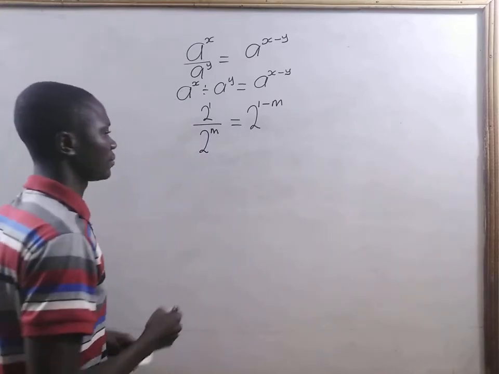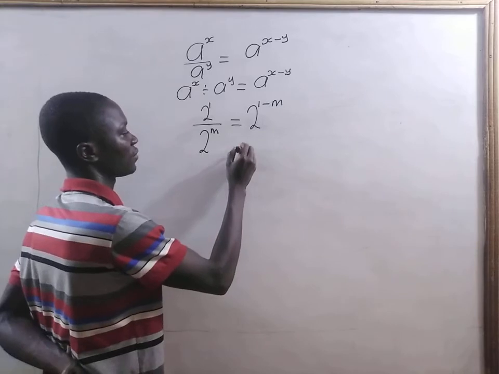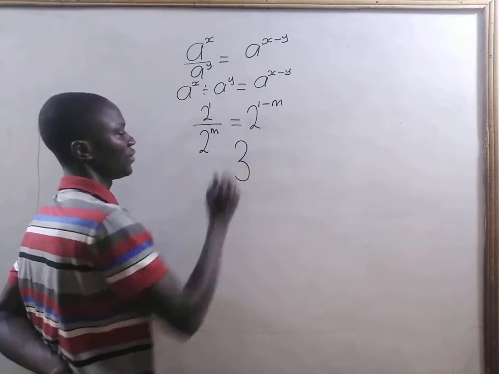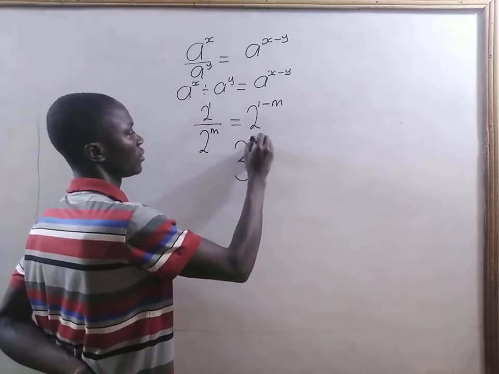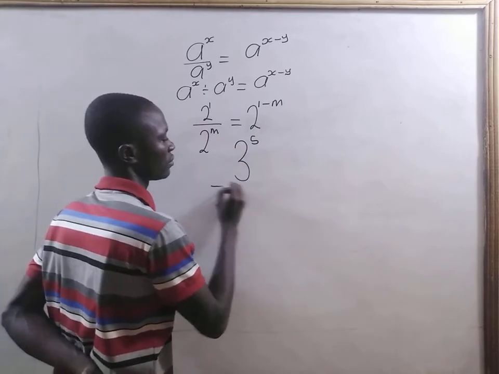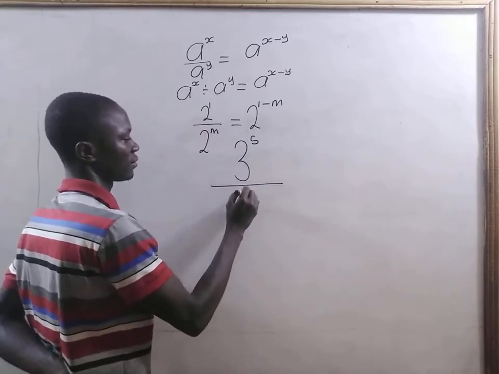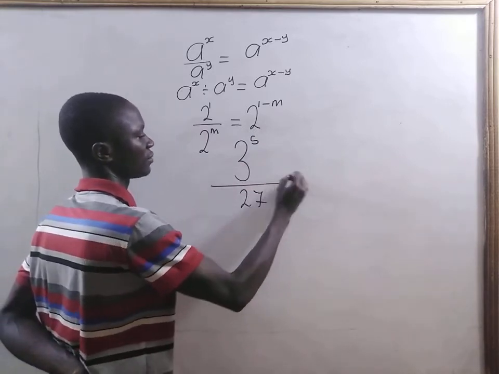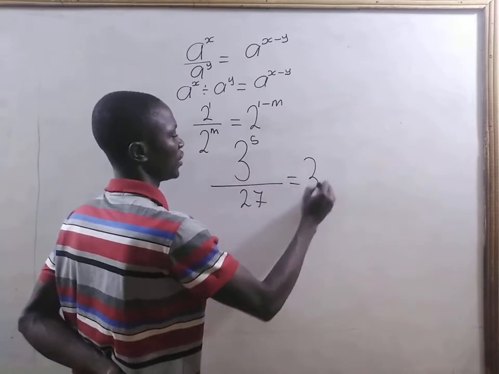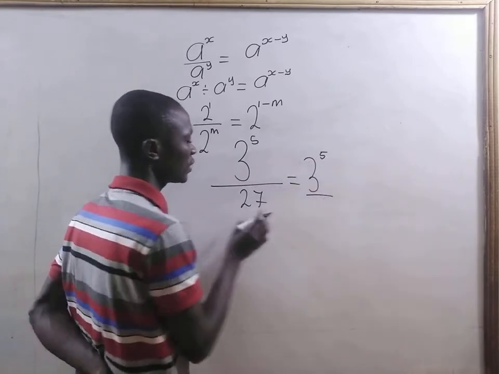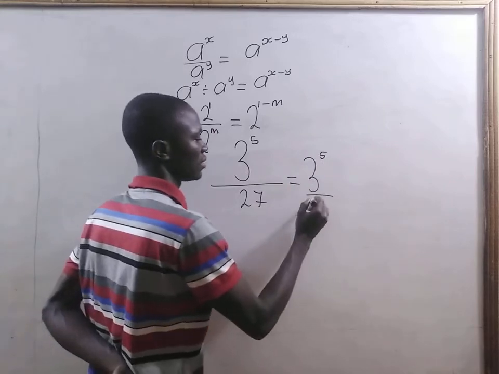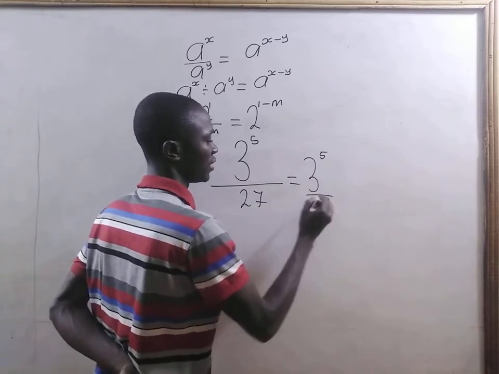So this means that if I have 3 to the power 5 divided by 27, this is 3 to the power 5, and you know 27 is 3 to the power 3.